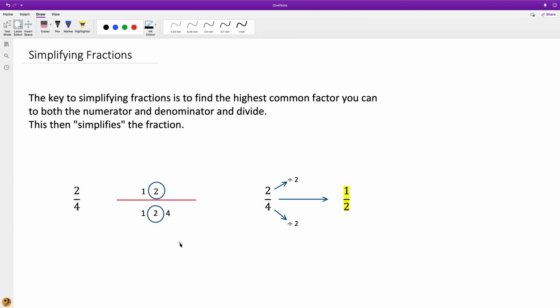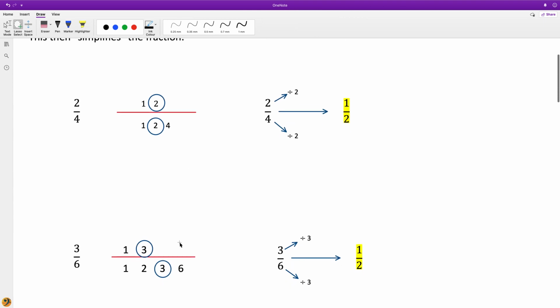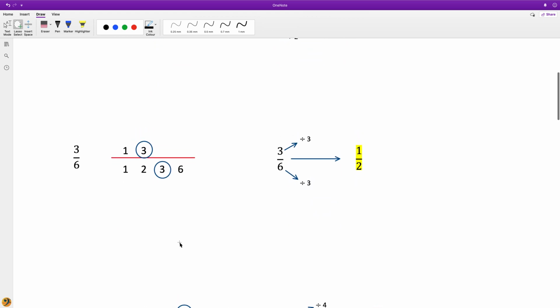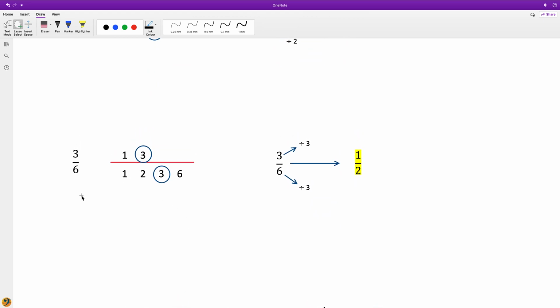Okay, so far so good. We'll move on to another example. Now we start with the fraction 3/6. We follow the same process.